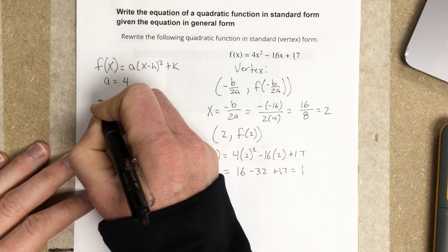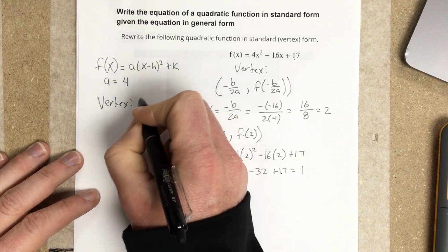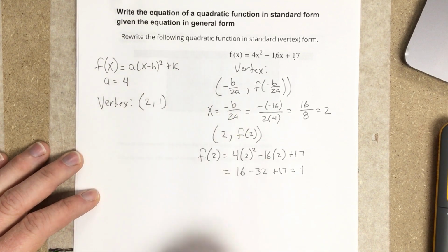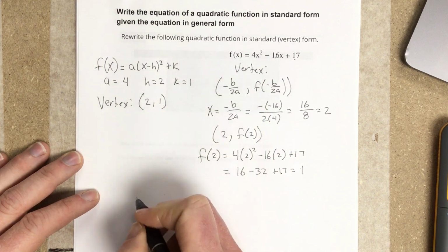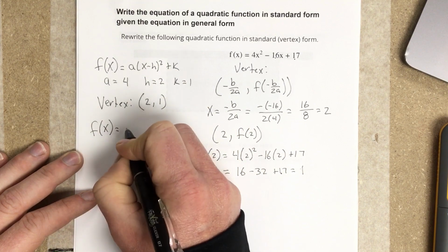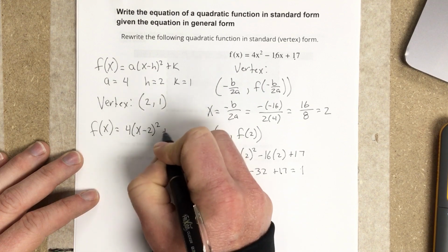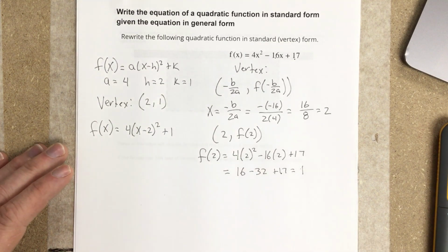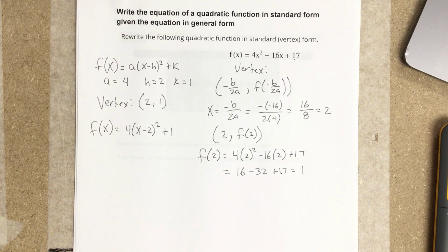So my vertex then is 2 comma 1. That means my h value is 2 and my k value is 1. So I can plug all that into the equation, and we get 4(x minus 2) squared plus 1. And that's how we write the equation of a quadratic function in standard form given the equation in general form.